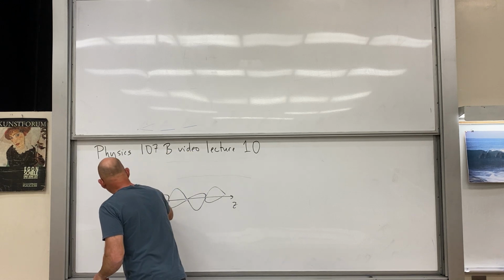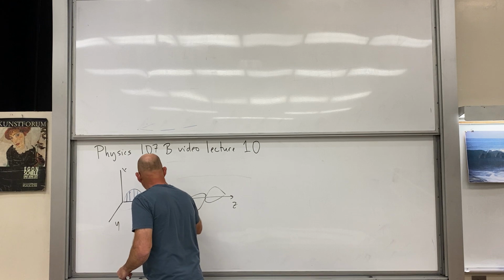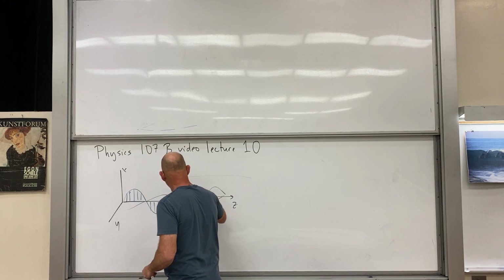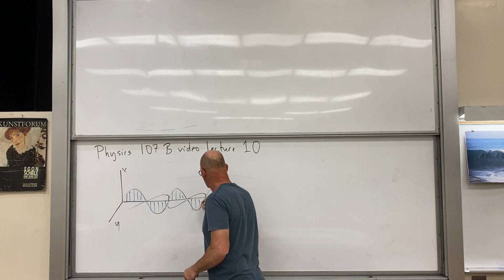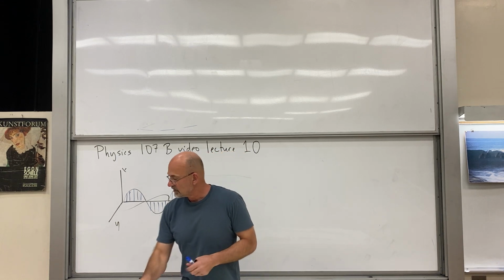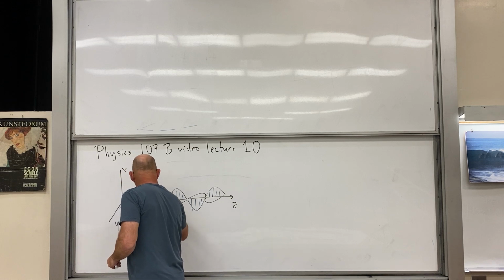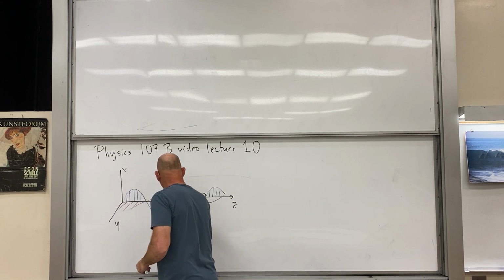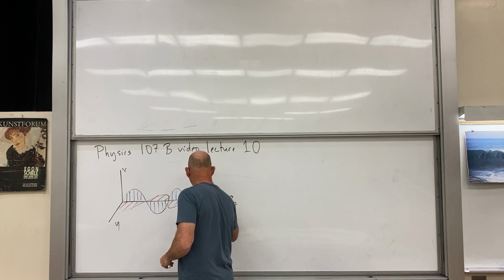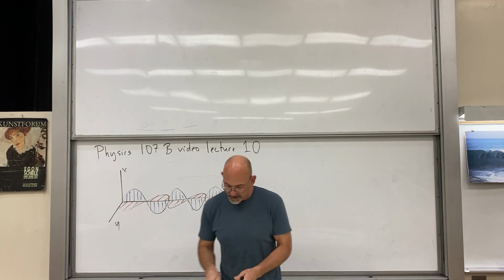So we would have the E field here, and then the B field perpendicular to it. So good. These are our monochromatic waves that I'll write down again.